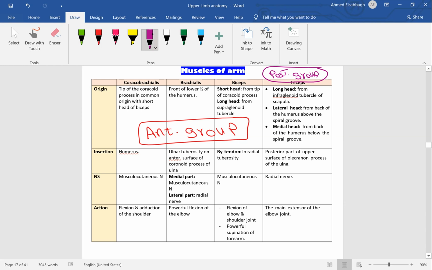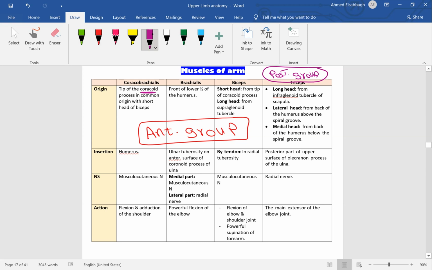Coracobrachialis originates from the tip of the coracoid process. And this is the second muscle that originates from the coracoid process. The first one was the pectoralis minor, which takes an insertion from the coracoid process.